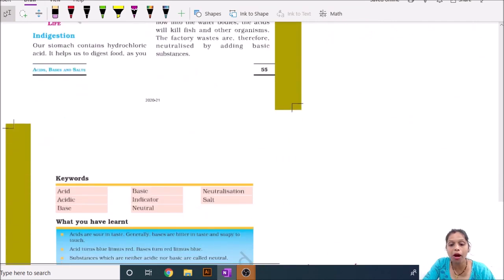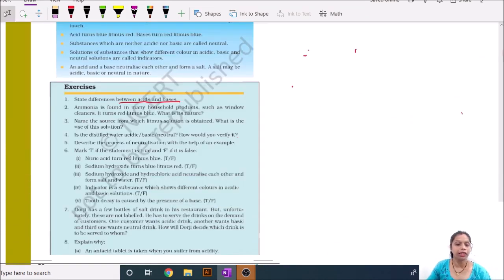Okay. Now our next question is, nitric acid turns red litmus paper blue. False. Because acid always turns blue litmus paper into red color. Sodium hydroxide turns blue litmus paper into red color. It is false. Sodium hydroxide and hydrochloric acid neutralize each other and form a salt and water.